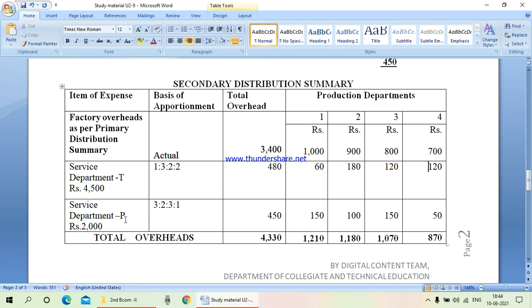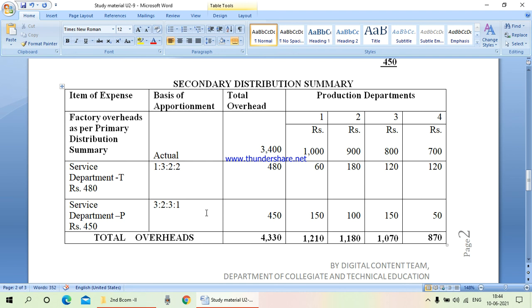Then service department P, total is 450.